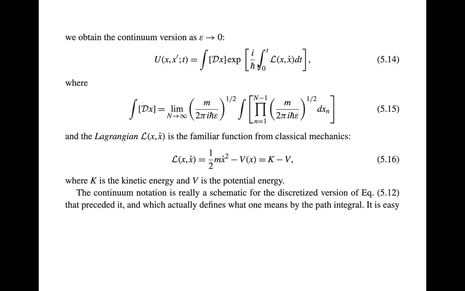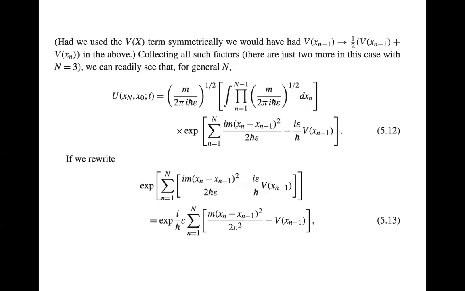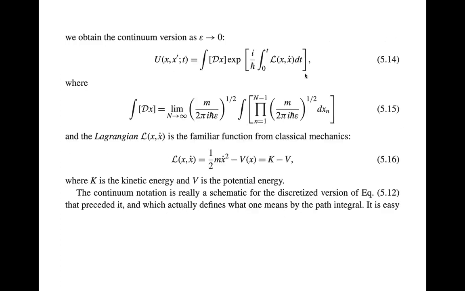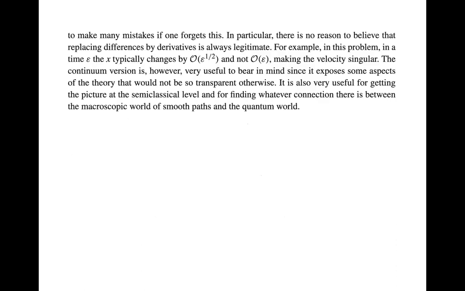So exponential of i over h bar times the Lagrangian, right? And this measure is equal to this expression. So now this is the familiar Lagrangian, which is the kinetic energy minus the potential energy. So the continuum notation is a schematic for the discretization version, the discrete version of this continuum version, right? This is the path integral, right?